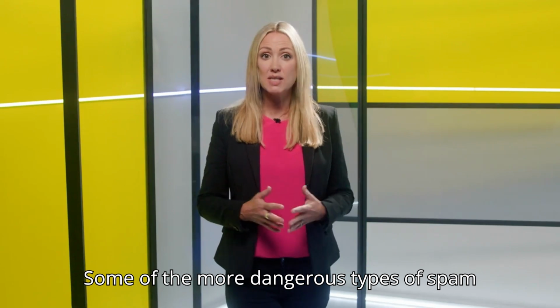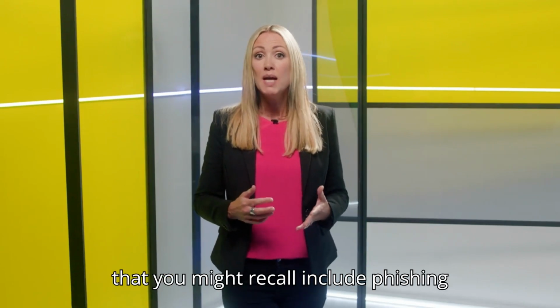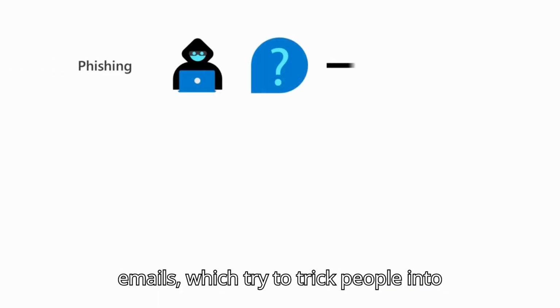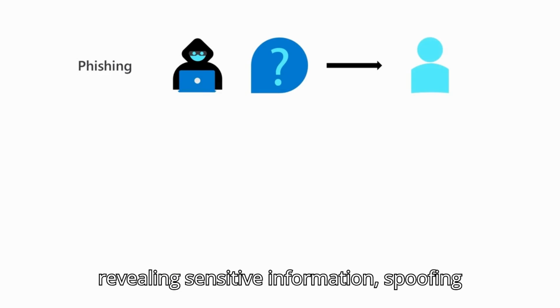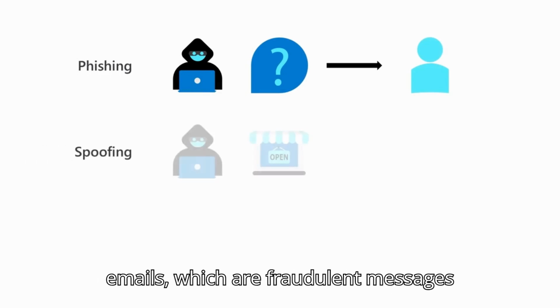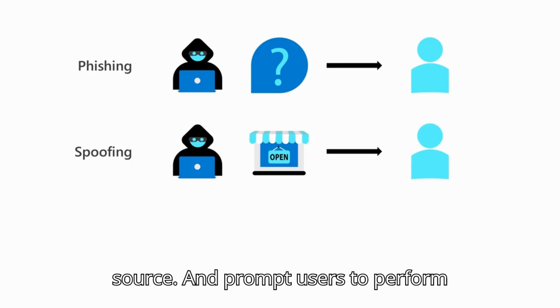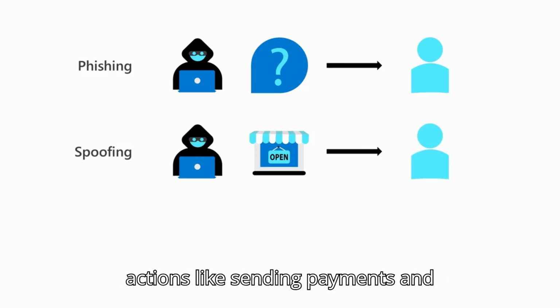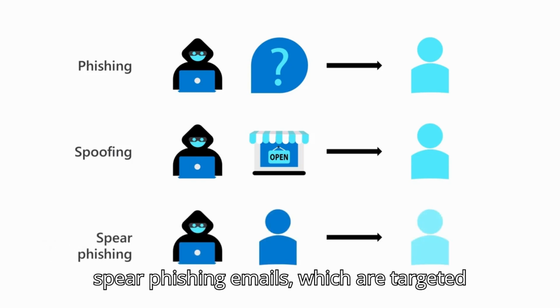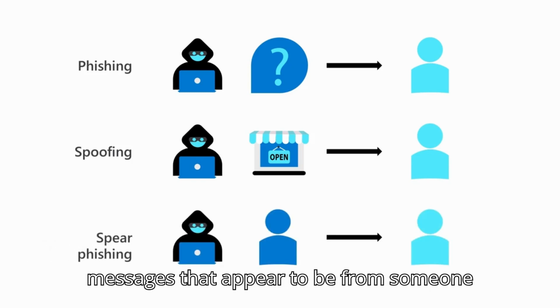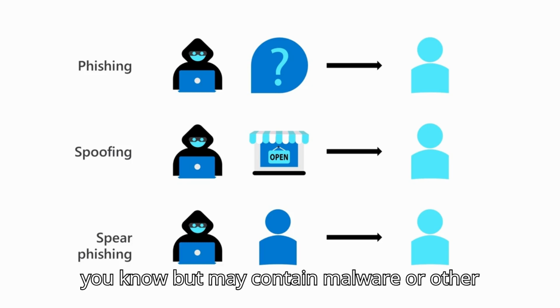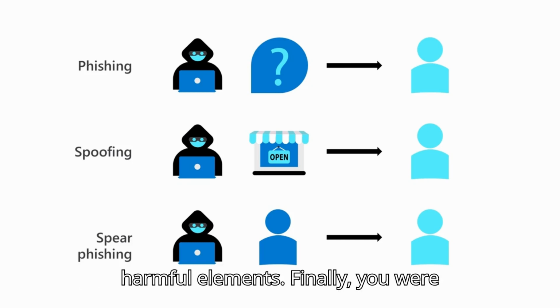Some of the more dangerous types of spam that you might recall include phishing emails, which try to trick people into revealing sensitive information, spoofing emails, which are fraudulent messages that claim to be from a well-known source and prompt users to perform actions like sending payments, and spear phishing emails, which are targeted messages that appear to be from someone you know but may contain malware or other harmful elements.